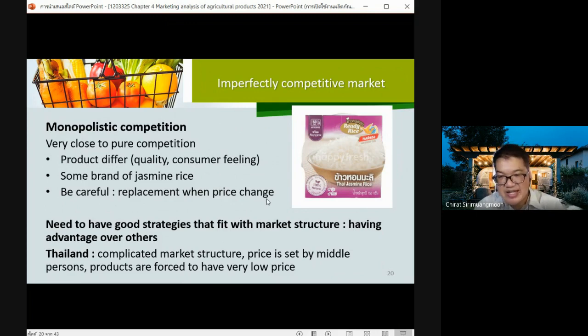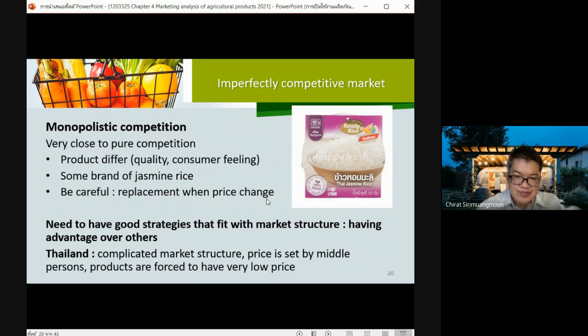But I would say the hardest thing for the Thailand agricultural market system is that we have very complicated market structures. Even though it looks normal, we have many middle persons, and they have more power to set the price. So they keep the price low at the farm and increase the price at the final stage of the purchase.